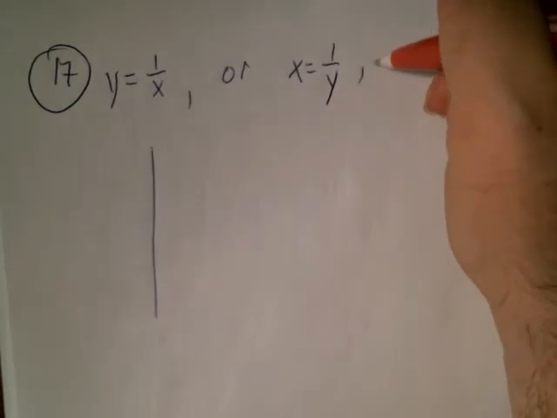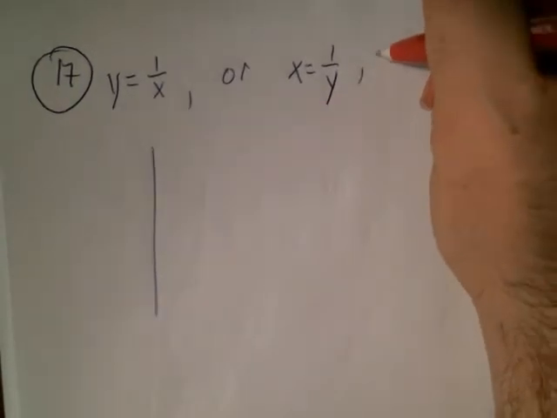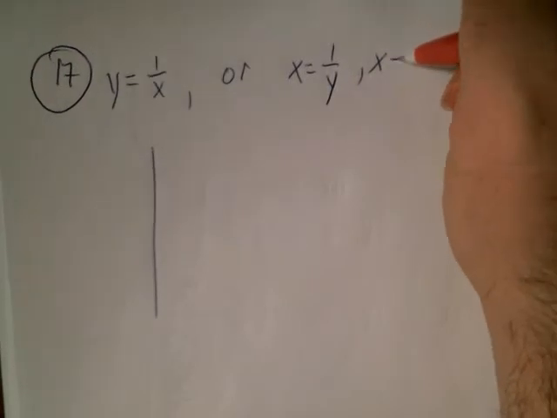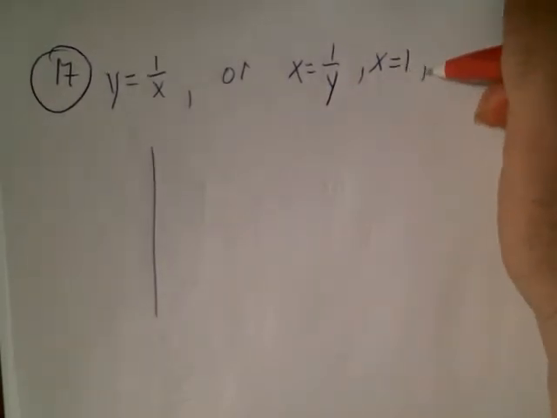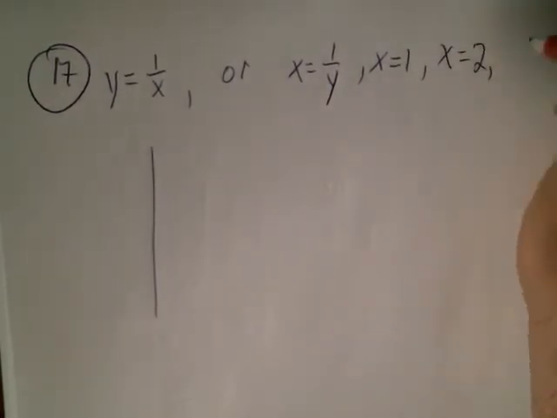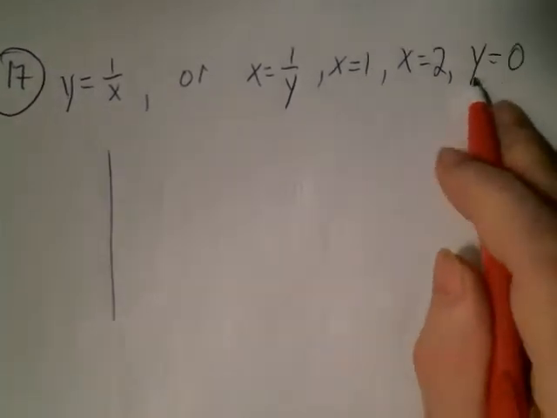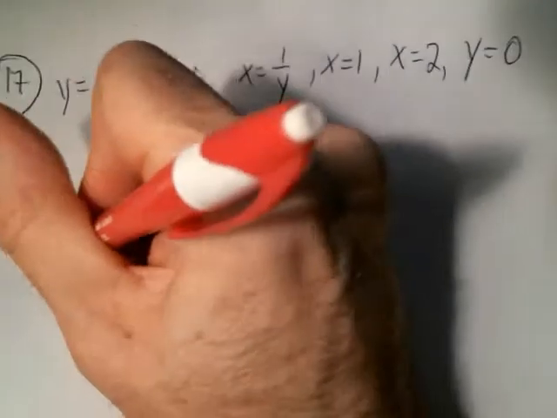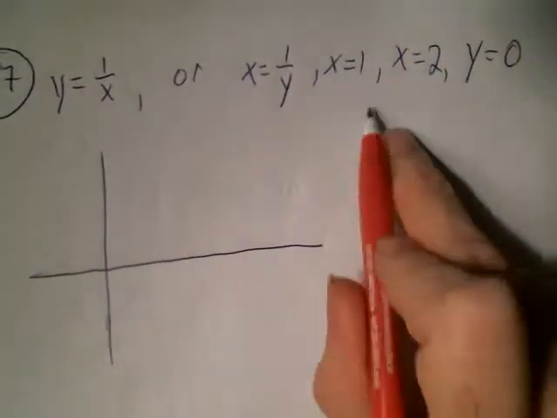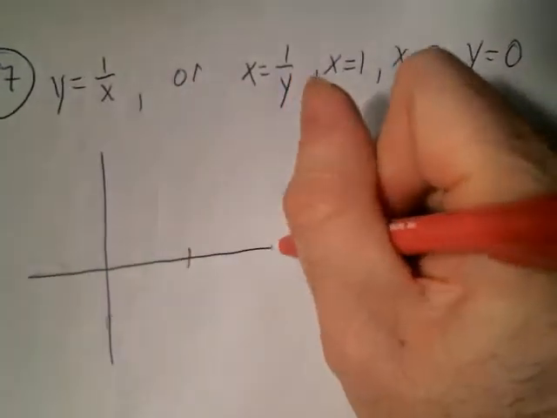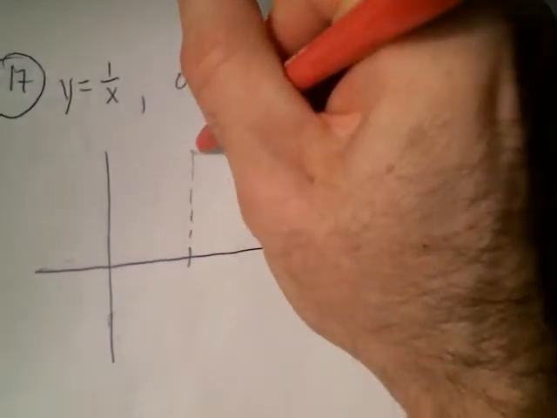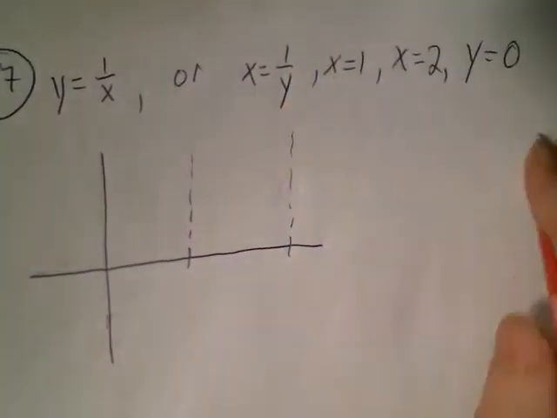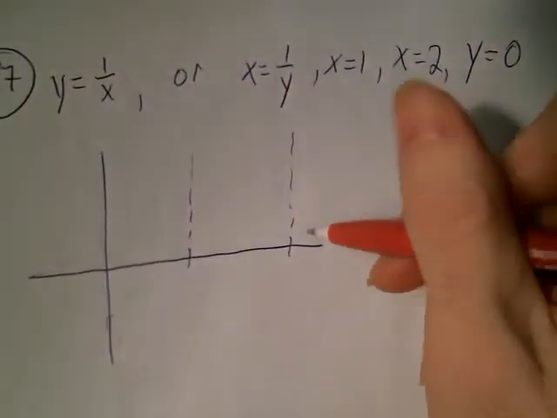They want this function from x equals 1 to x equals 2, right? So you would draw that out by indicating these two vertical lines and then this horizontal line, y equals 0. So x equals 1 to x equals 2 is this region here. y equals 0 is, of course, the x-axis.